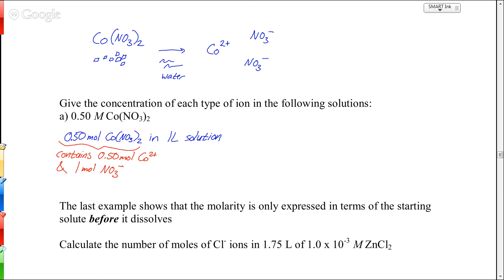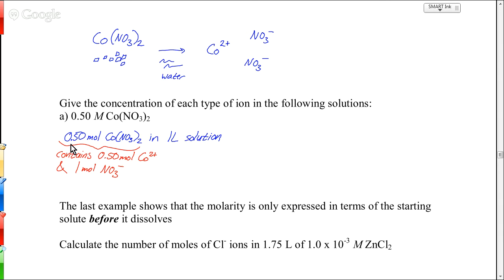So what does that tell us about the concentration? What's the concentration of cobalt ions in the solution? If the concentration of the overall compound is 0.5 molar, what's the concentration of just the cobalt ions? It's actually also 0.5 molar.